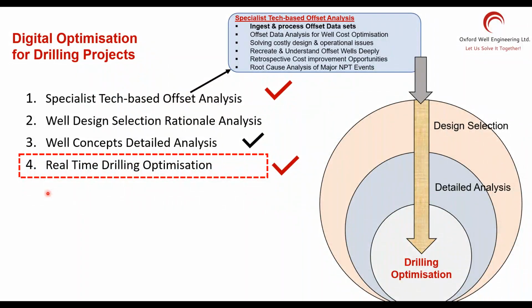This is just one part of learning. The real digital offset analysis is to actually reconstruct your offset well. If you have enough data, you can reconstruct your wells retrospectively using this real-time expertise. The only thing is you're running the data historically. You are pulling into the visualization packages and the analysis, you are pulling your offset well as if you are drilling them.